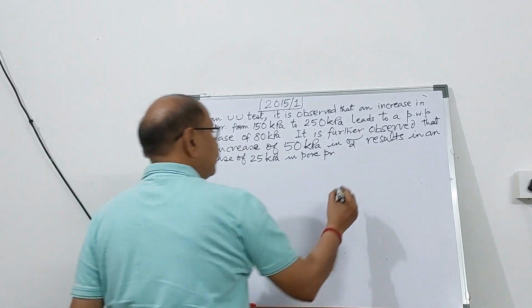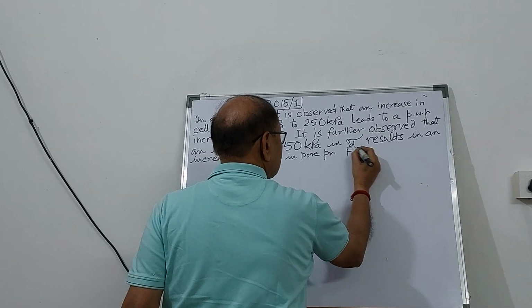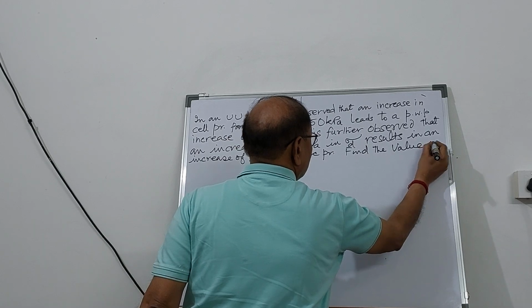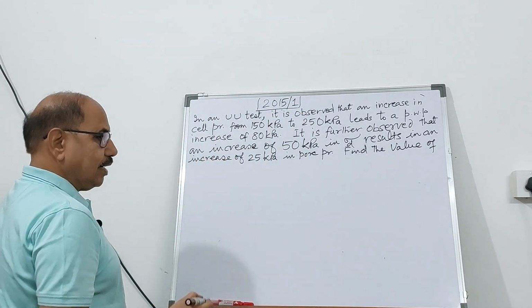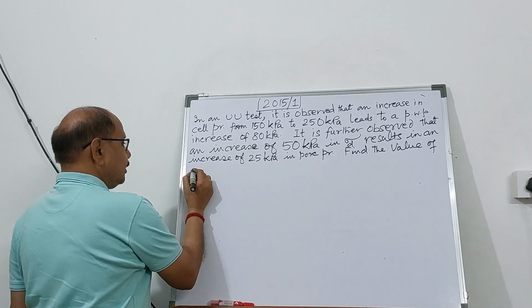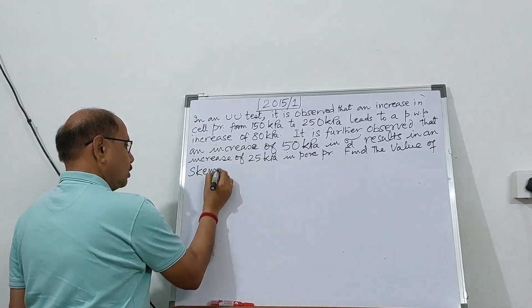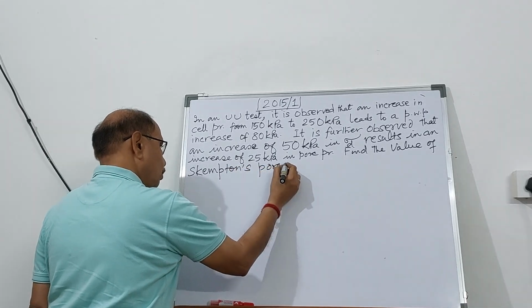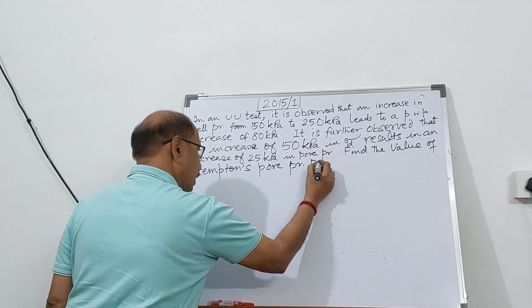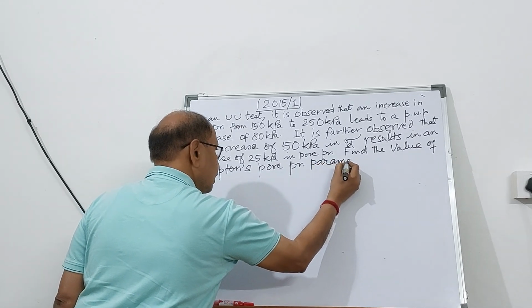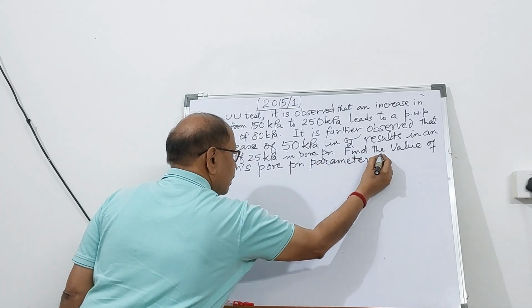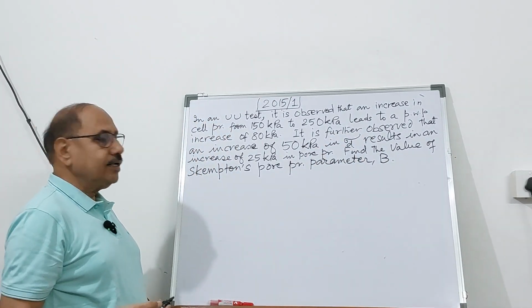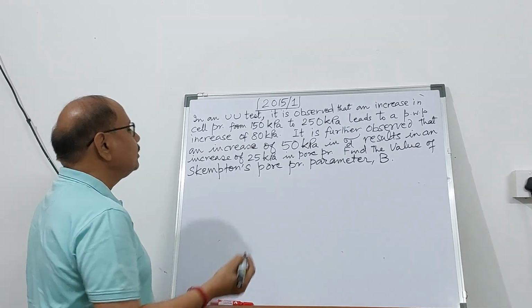Find the value of Skempton's pore pressure parameter B. You know that A and B I have already explained are the pore water pressure parameters.